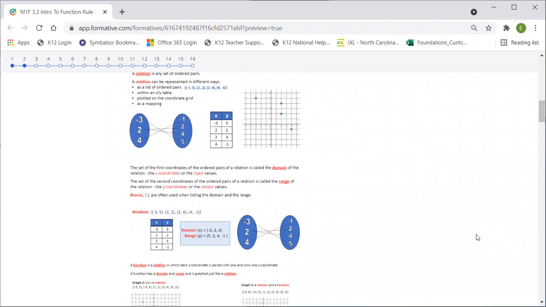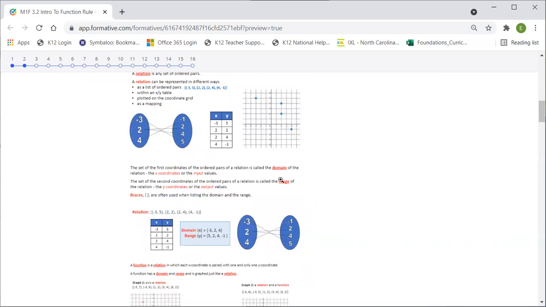Next, the set of first coordinates of the ordered pair is called your domain, or your x values, or your inputs. There's a lot of different words for it. Those all mean the same thing. And then our output, or our range, is also your y values. So those are our 3 different names for both your input and your output, or your x's and your y's.